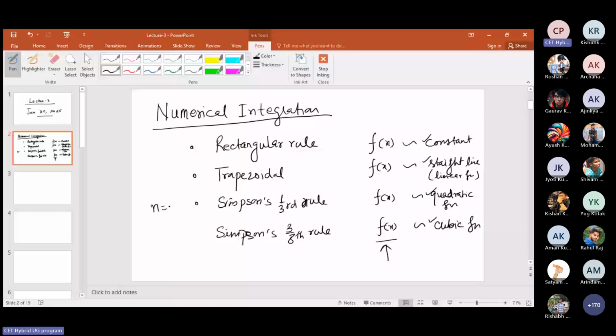In case of Simpson's 1/3 rule, since you will be trying to develop a cubic function, you know that the general form of a cubic function is y equals x cube, or any other cubic polynomial, and in general it will look like this. If you want to plot a cubic function, you will require a minimum of 4 points.